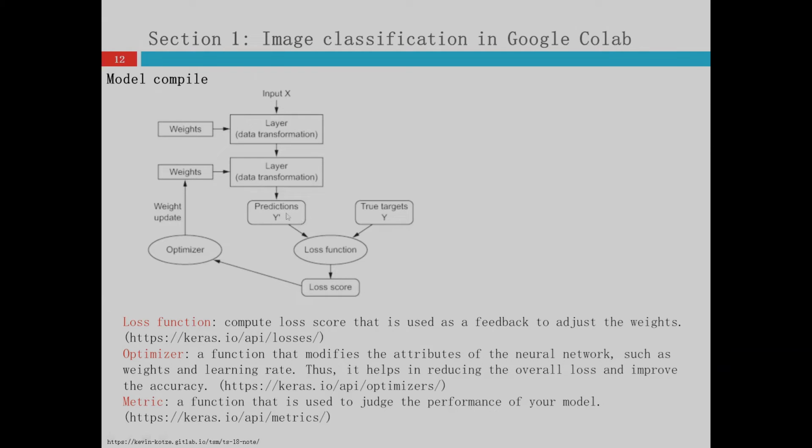And then you compare this with the true targets that you labeled. You use the loss function to calculate the loss score, and optimize using an optimizer function by updating weights, and then do it again until you get good performance from your model. And you use the metric, a function that is used to judge the performance of your model.